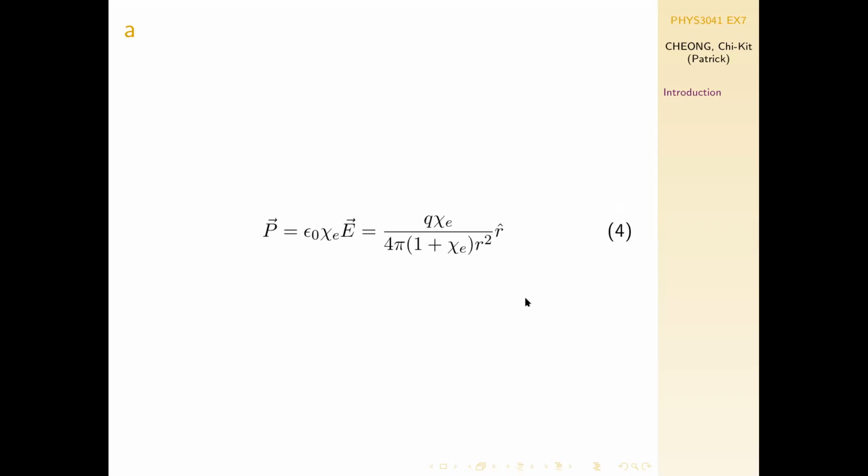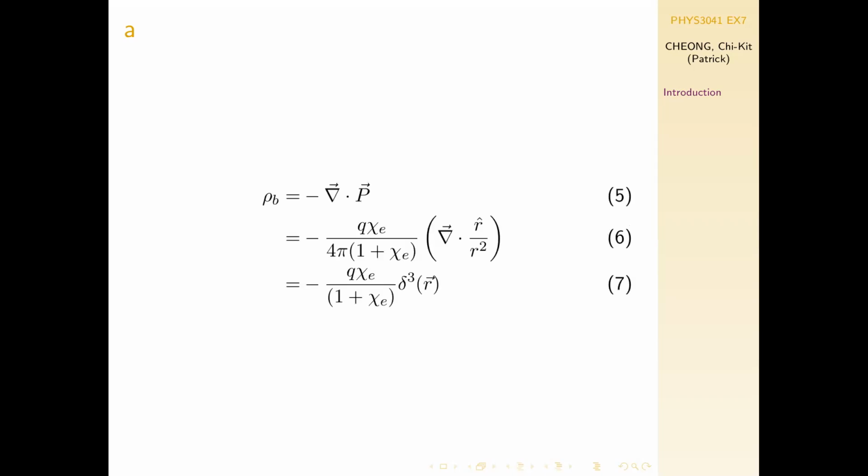Then, from the hint I provided, the polarization is proportional to the electric field with the constant provided. So with a straightforward calculation, just substitute the electric field you obtained just now, and you will obtain the polarization P as shown in equation 4.